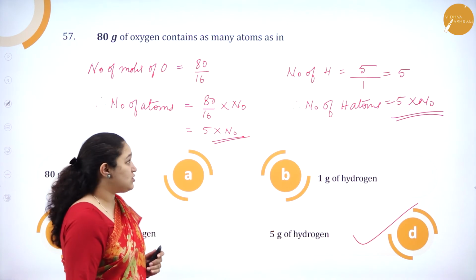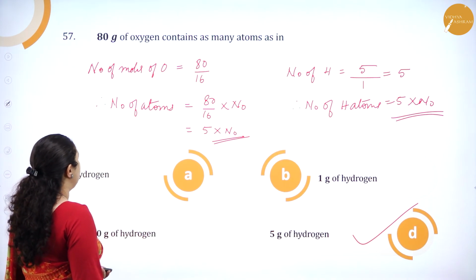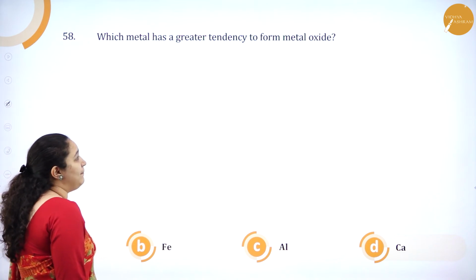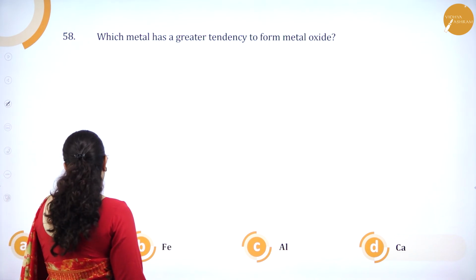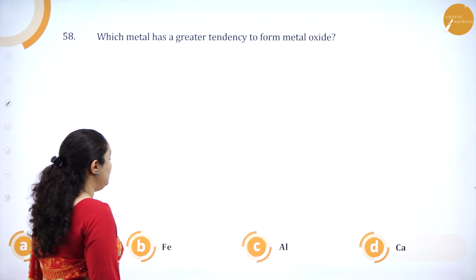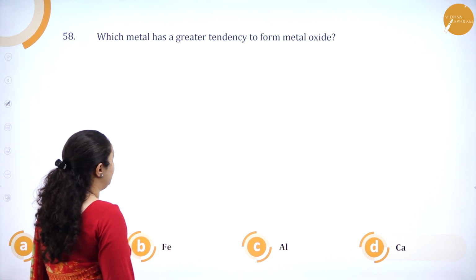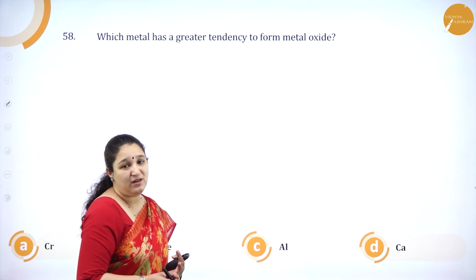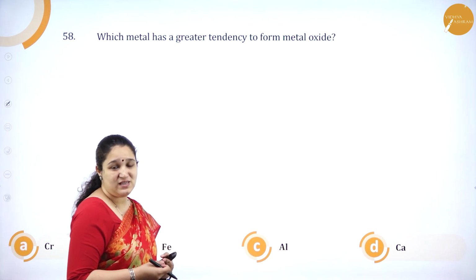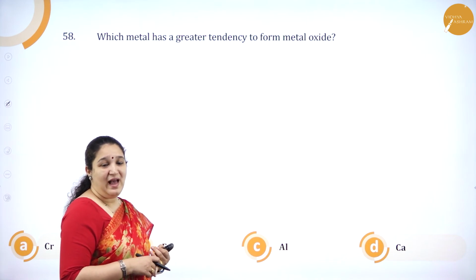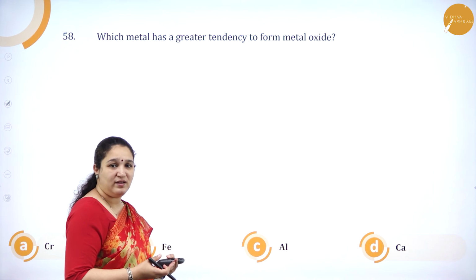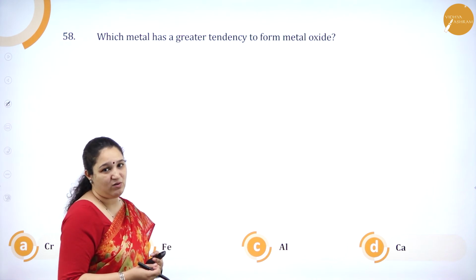I hope you have understood this. We'll go to the next question. Which metal has a greater tendency to form metal oxide? Chromium, iron, aluminium, calcium. Ionic oxides are more stable, and the tendency to form an ionic oxide is much higher compared to other metal oxides.